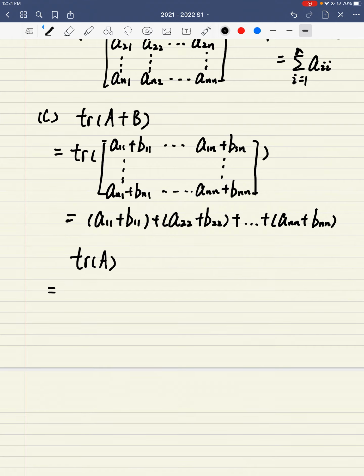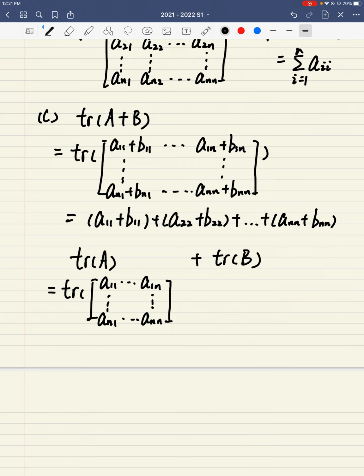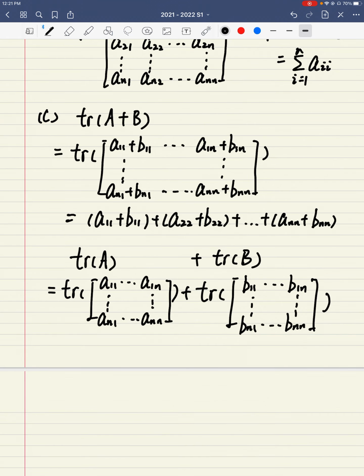Trace A is the trace of the matrix A11 all the way to A1n, down to An1 all the way to Ann, plus trace B, which is the trace of the matrix B11 all the way to B1n, down to Bn1 and Bnn.